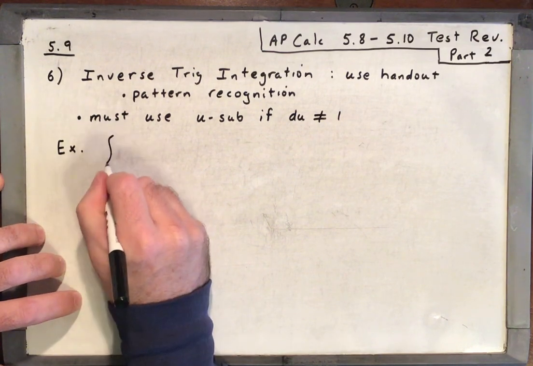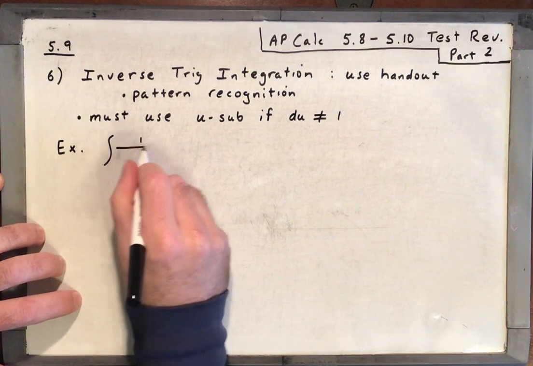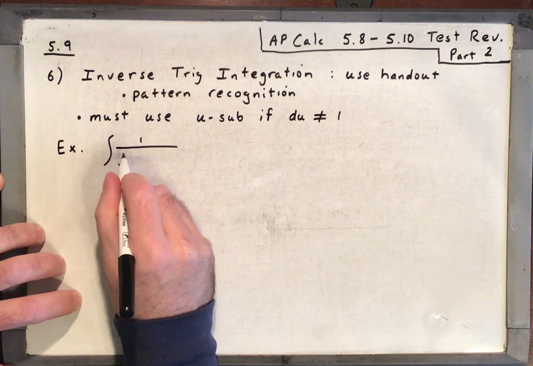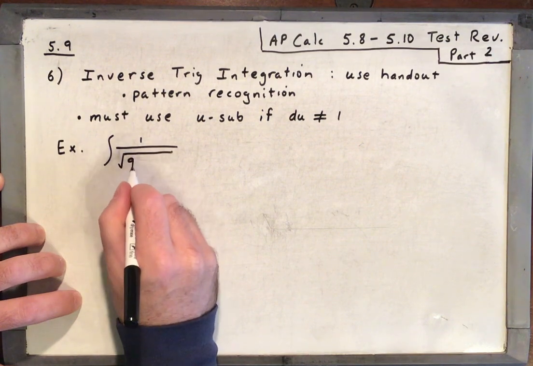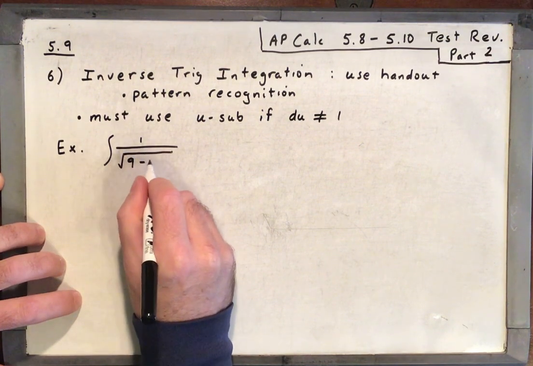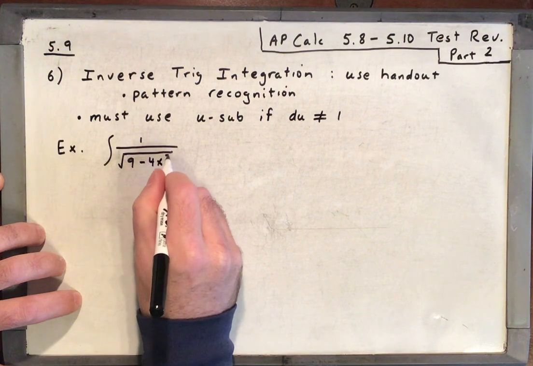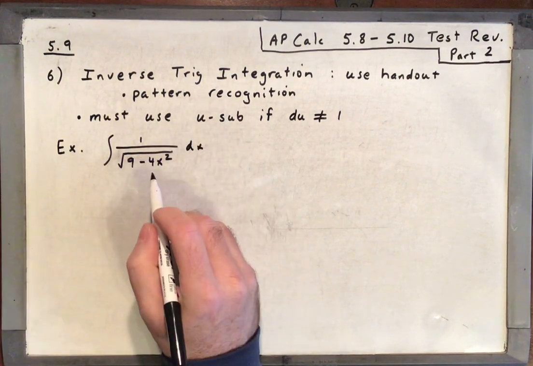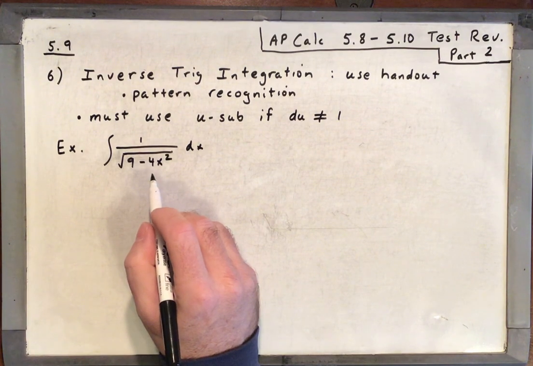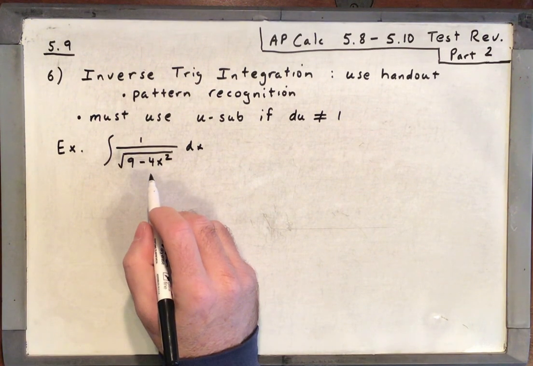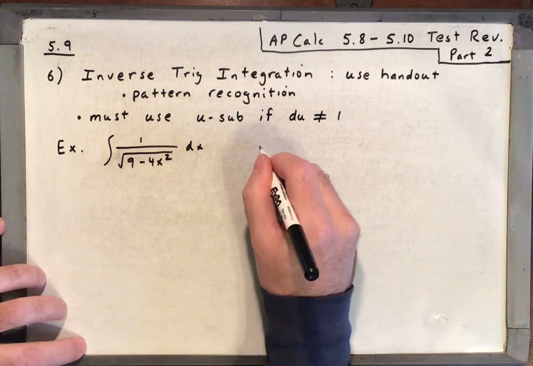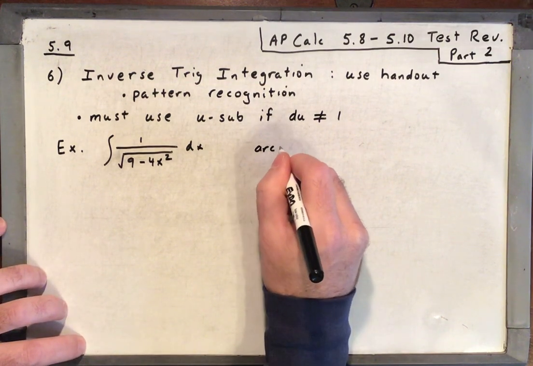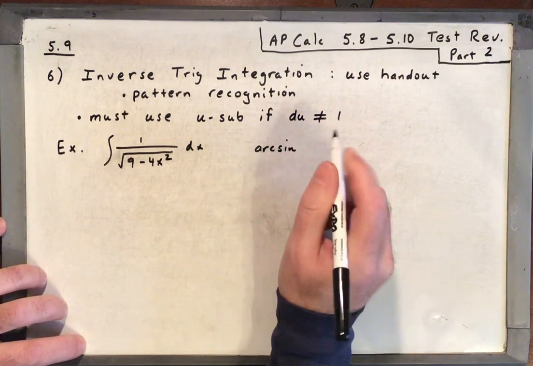So let's say we're going to integrate 1 over the square root of 9 minus 4x squared dx. Now what that looks like, if you look at your formula sheet, is arc sine. So that's part of the battle right there.